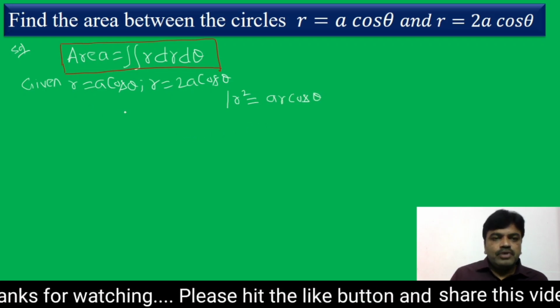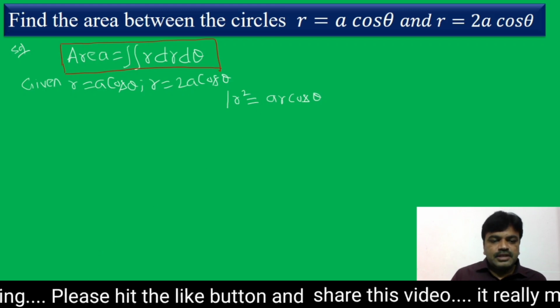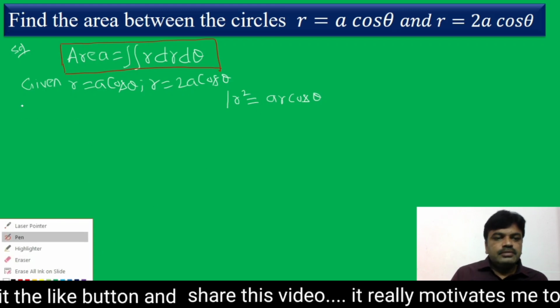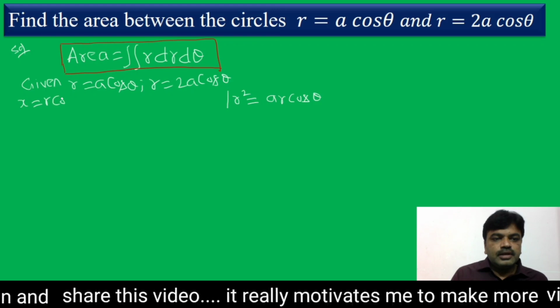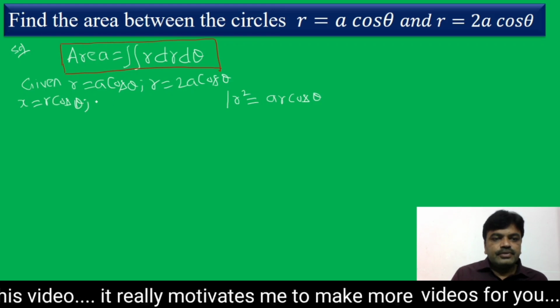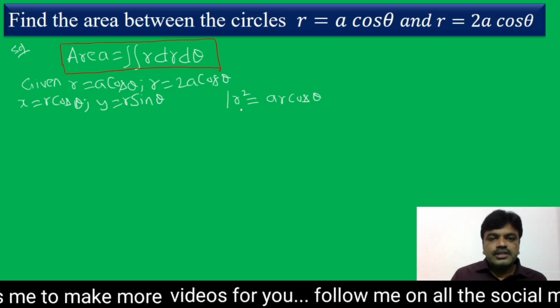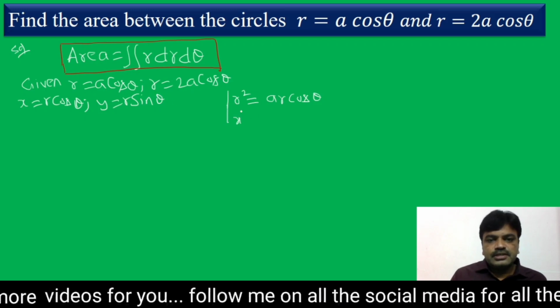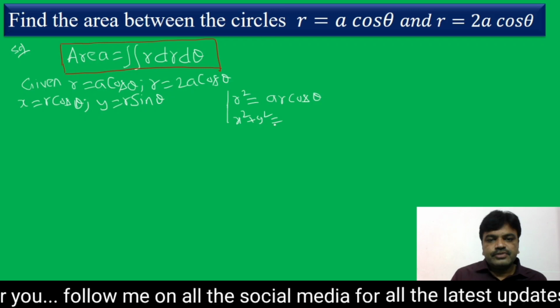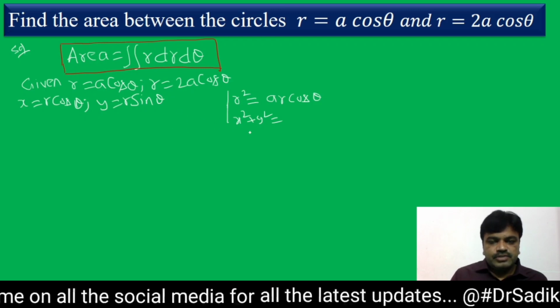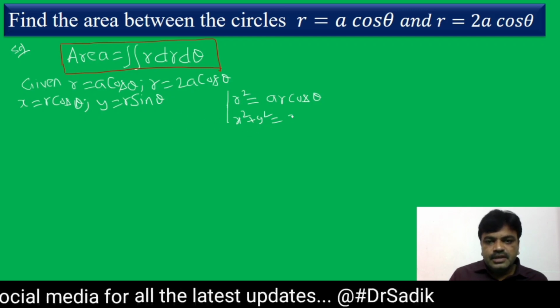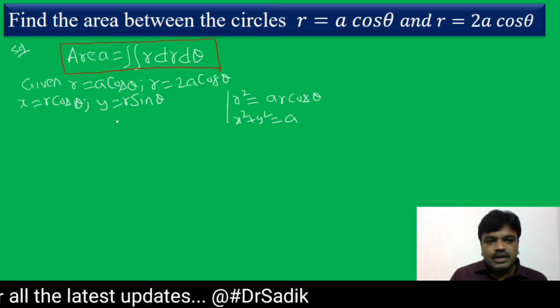In polar form, x equals r cos theta and y equals r sin theta. So r square means x square plus y square, and a into r cos theta is a x.